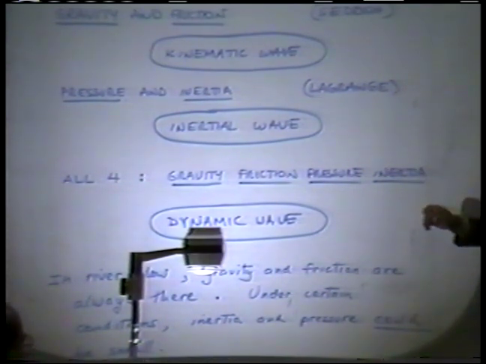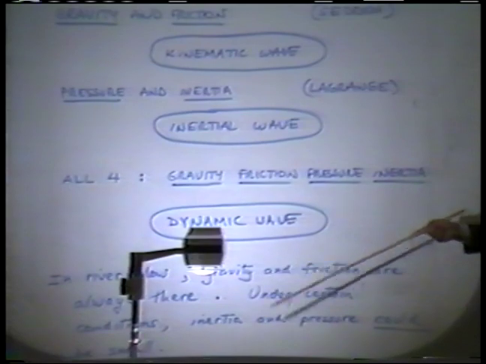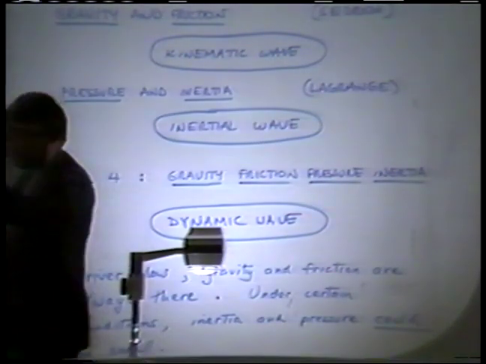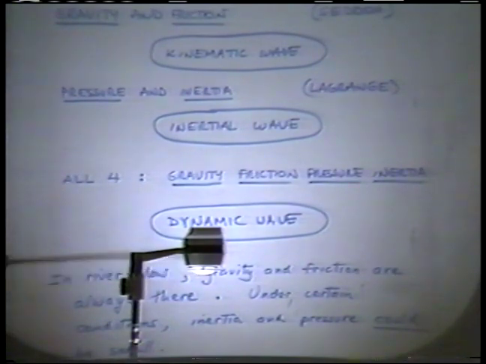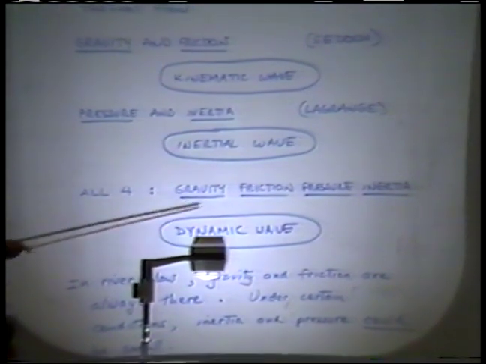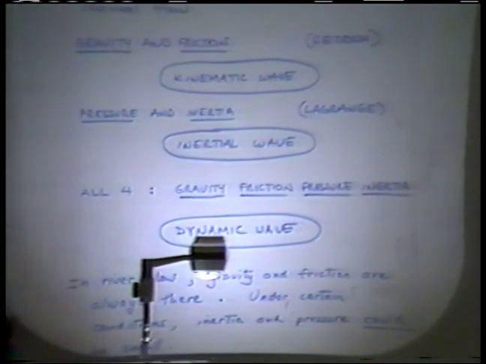There are a couple of publications by, I can't recall the name right now, out of Delft. But they call this wave the inertial wave, and to give it the right name, we believe the emphasis should be on the inertia rather than the gravity, which is non-existent in there. So we have in here the inertial wave, pressure and inertia; the kinematic wave, gravity and friction; and the dynamic wave, gravity, friction, pressure, and inertia.